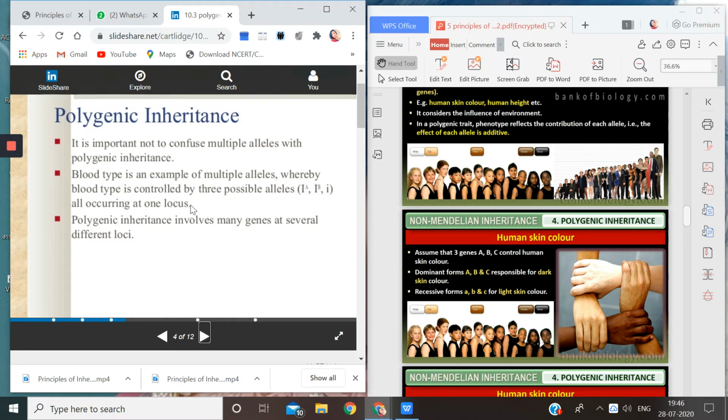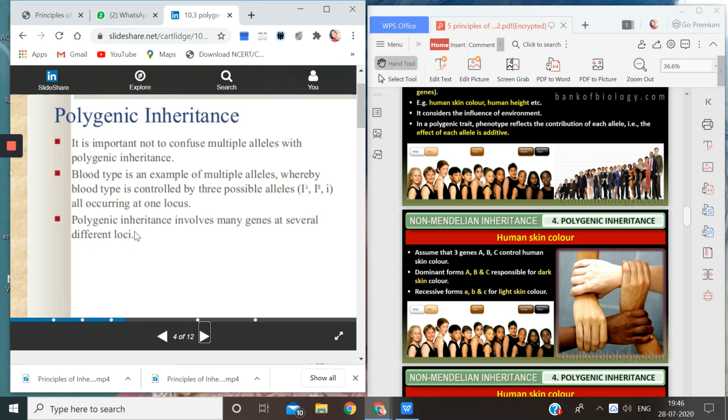But polygenic inheritance involves many genes. What is the difference? In multiple alleles there is one gene, but it has many alleles. Here there are many genes controlling one character, and because they are different genes, their locations will also be different.